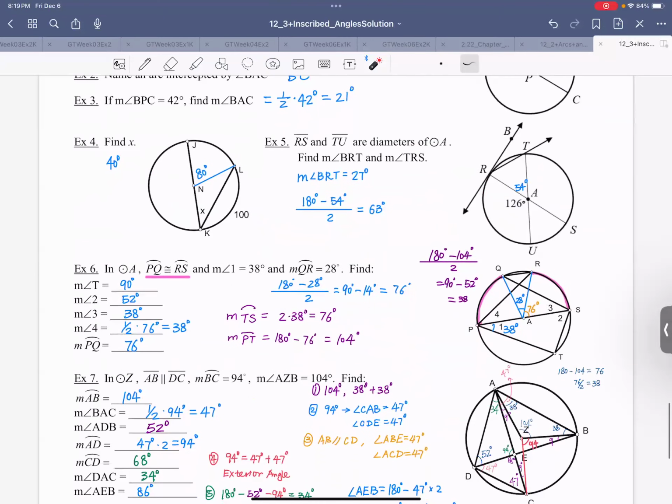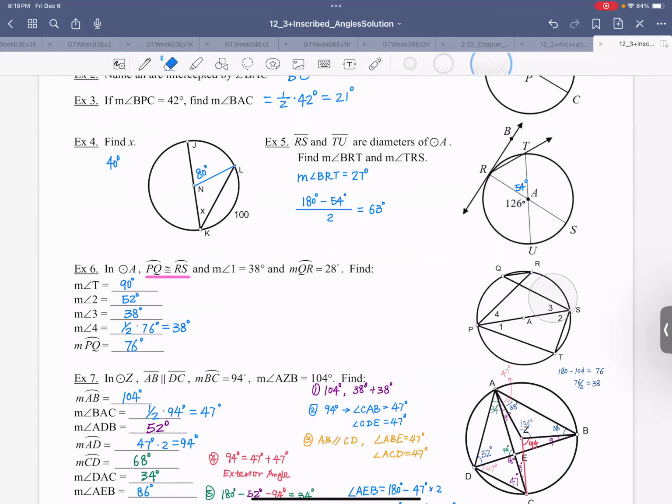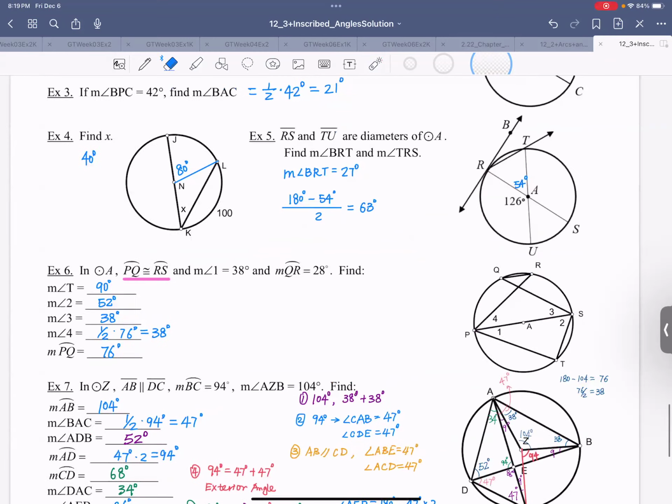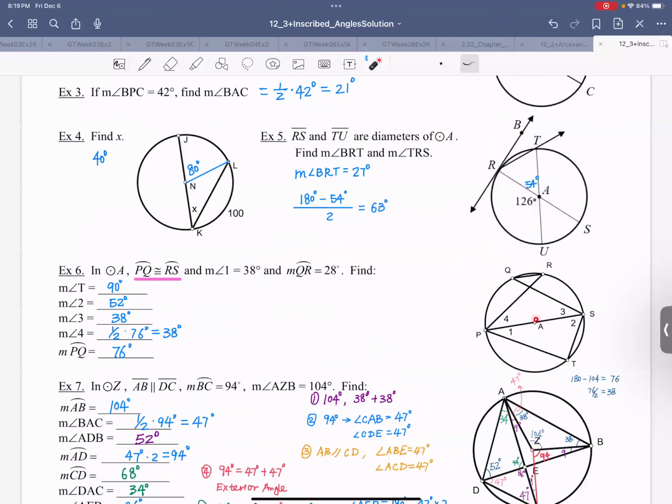Look at here, okay? Look at this. Mia. Let's try here. They give us the condition that PQ and RS are equal. These two arcs are equal.